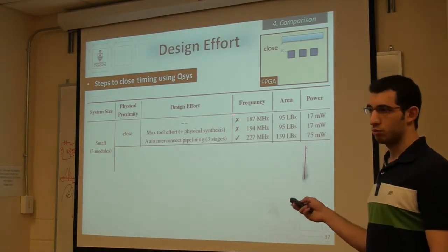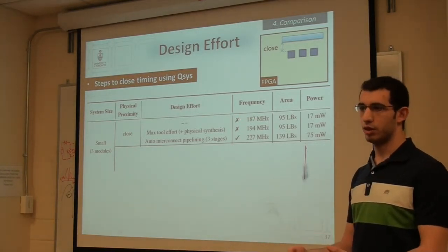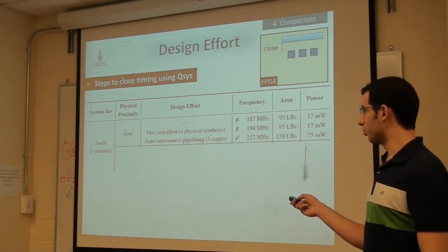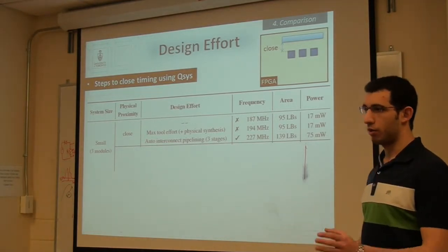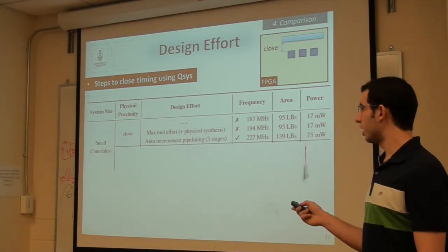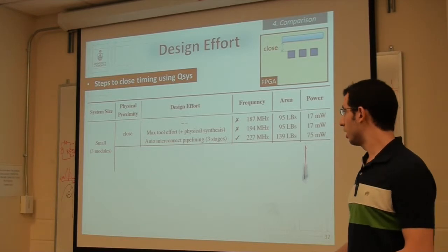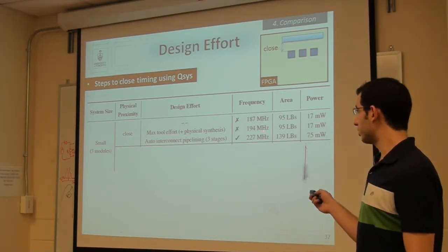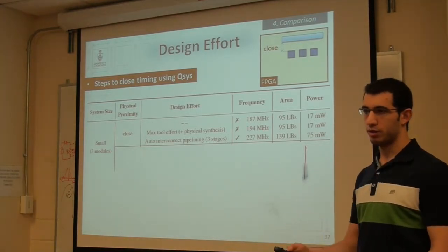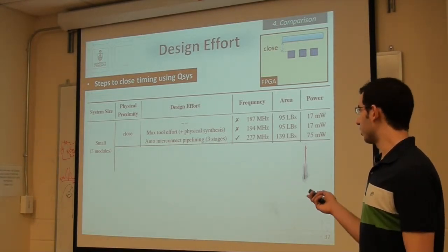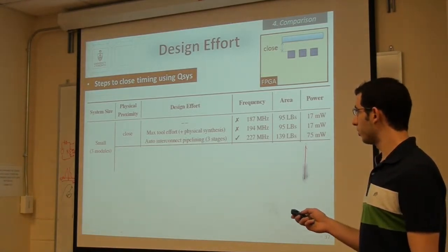So we had to do some more work to complete the design using QSys. We went into the tools and turned on all the knobs to have the maximum tool effort, and added physical synthesis. We thought this might help. This improved our frequency to 194 megahertz, but that still fell short of the 200 megahertz target, so that wasn't good enough. It didn't affect area and power.